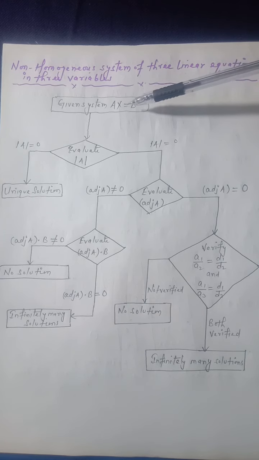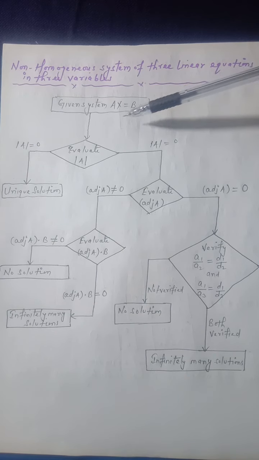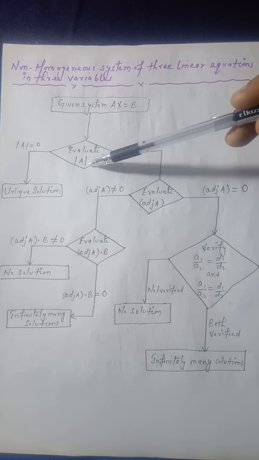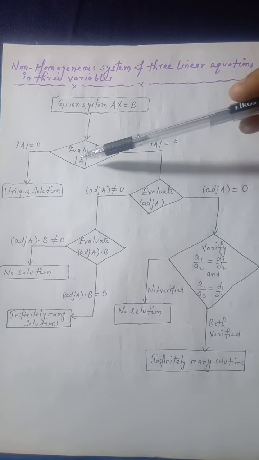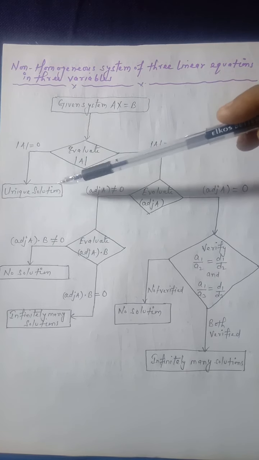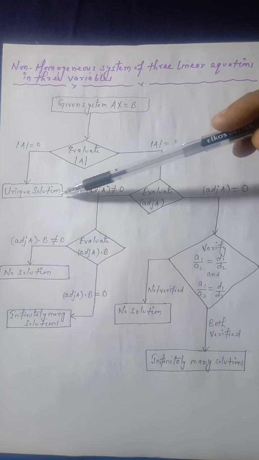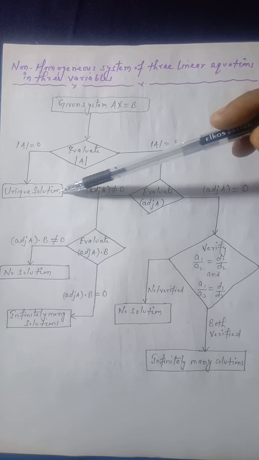Previous method says you take given equation Ax is equal to B, evaluate determinant of A. When this determinant is not 0, you will say unique solution or system of equations is consistent.